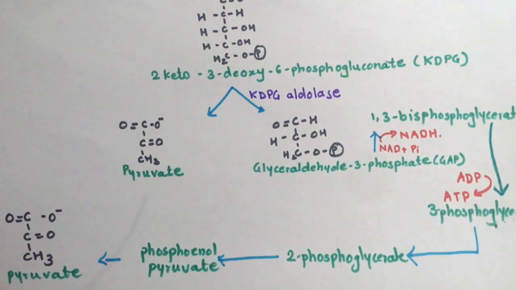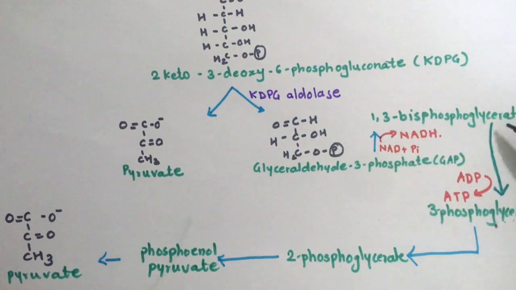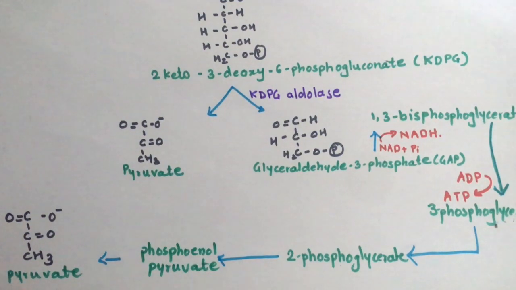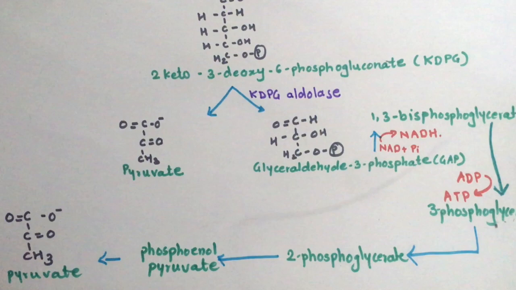So this 1,3-bisphosphoglycerate will be converted to 3-phosphoglycerate, which will now be isomerized to 2-phosphoglycerate, which is then converted to phosphoenol pyruvate, and from phosphoenol pyruvate, pyruvate is formed with the help of pyruvate kinase.